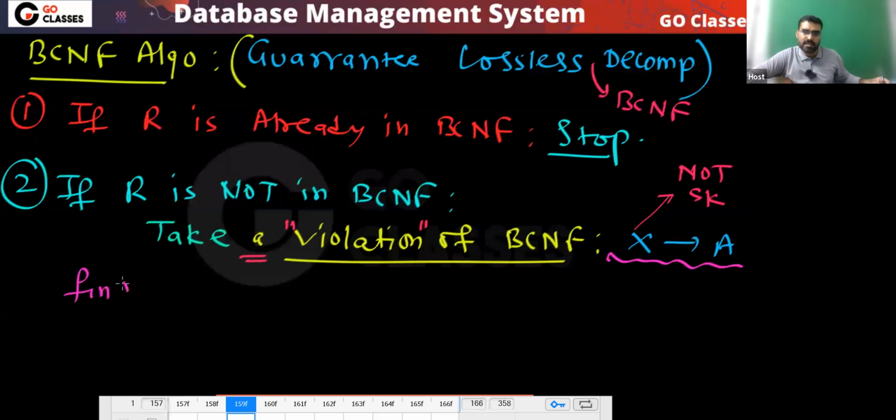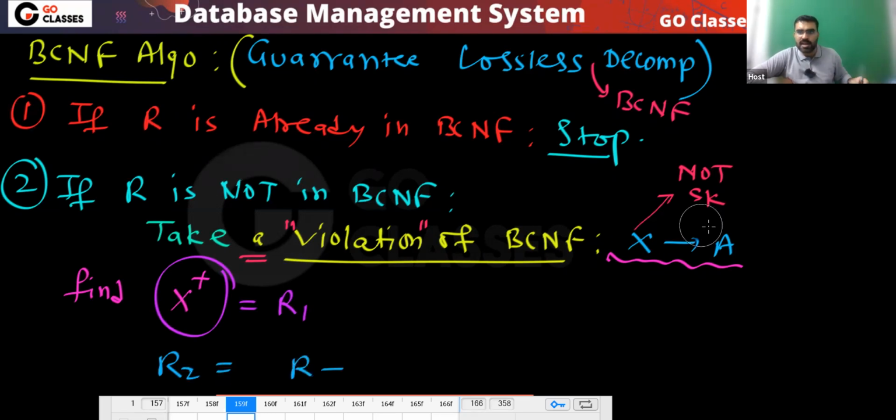You find X plus, the closure of X, and you make one table out of this closure. And you make another table: from R, you remove this RHS alpha, that is R minus alpha.